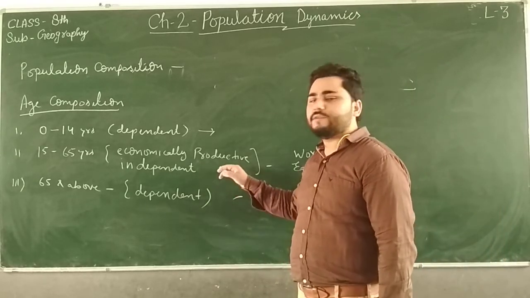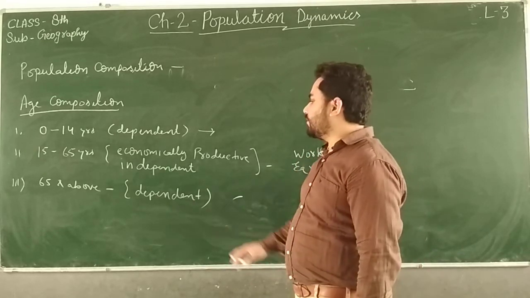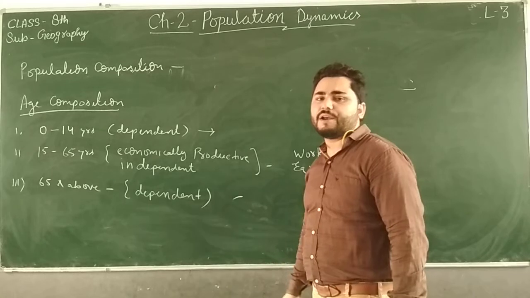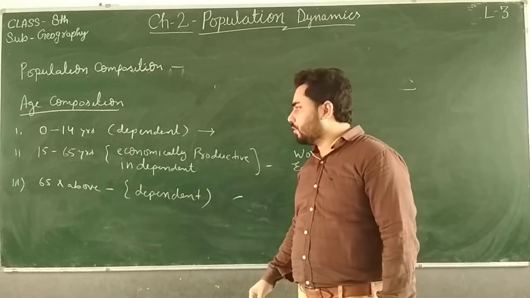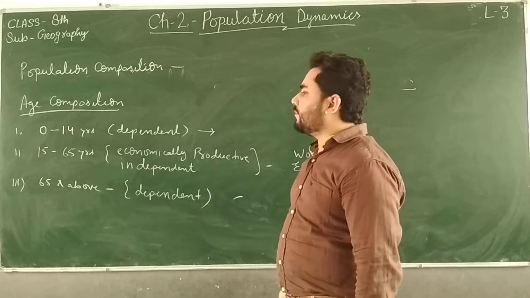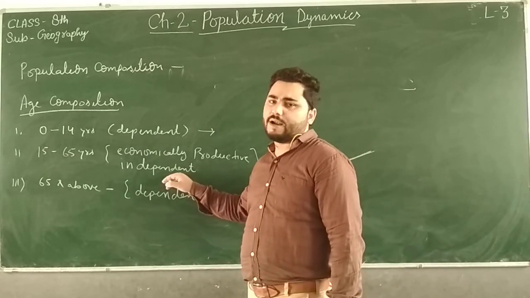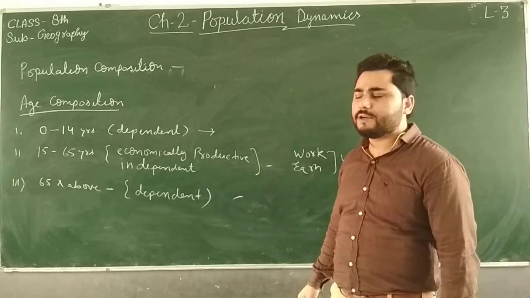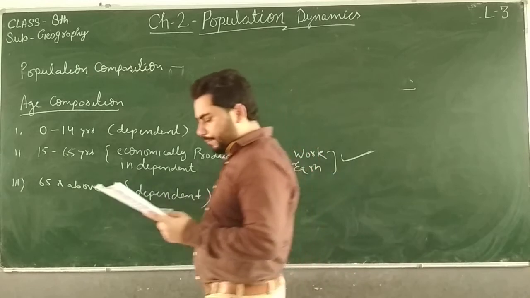So that country will flourish economically. And the country which is having these other age groups more in numbers, that country's progress will be very slow, and the majority of society will remain dependent on this class, and they will not be able to flourish properly. This is the age composition.